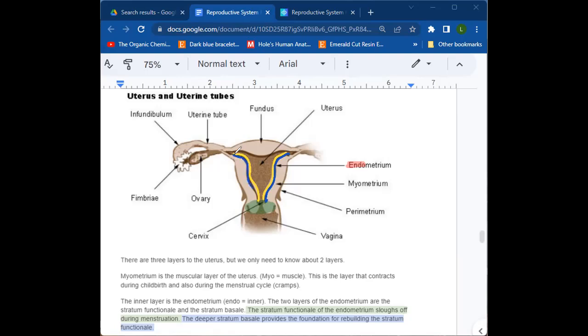And then the stratum basale is the layer that helps rebuild the stratum functionale.